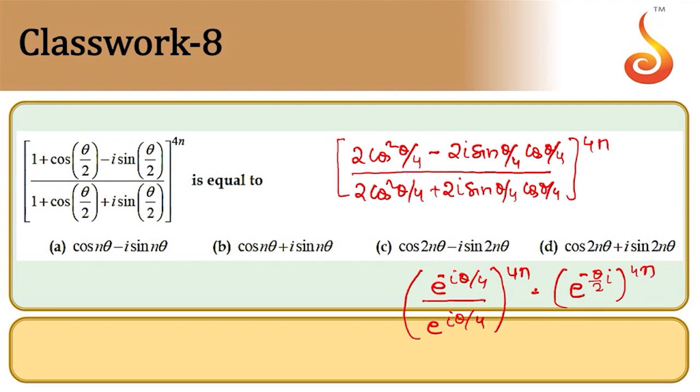So this will give you e to the power minus i theta by 2, whole to the power 4n, which is e to the power minus 2n theta i, which is nothing but, I'll write it here, cos 2n theta minus i sin 2n theta.